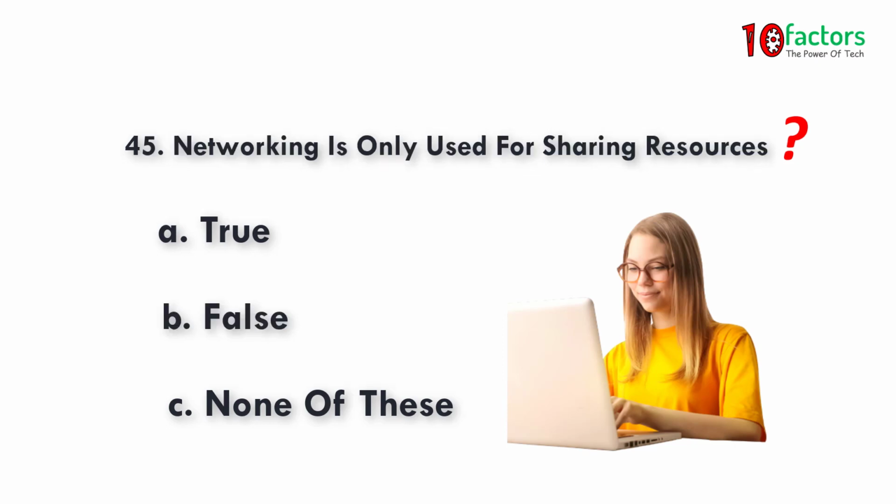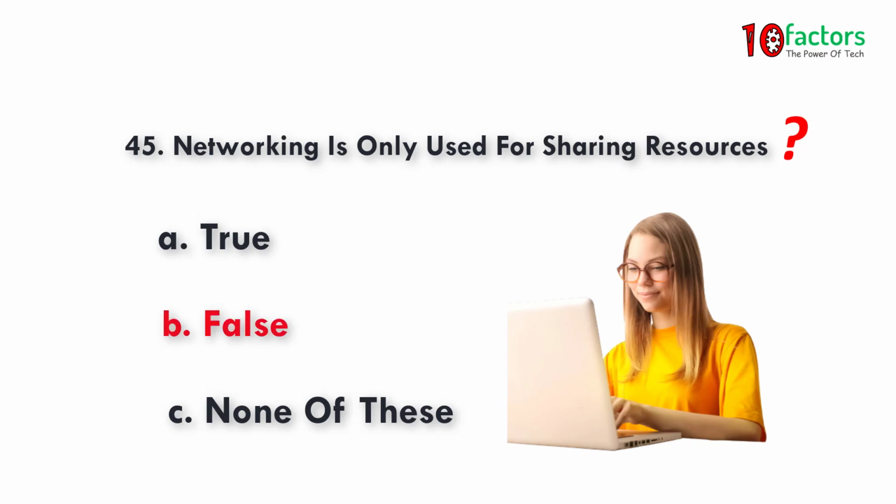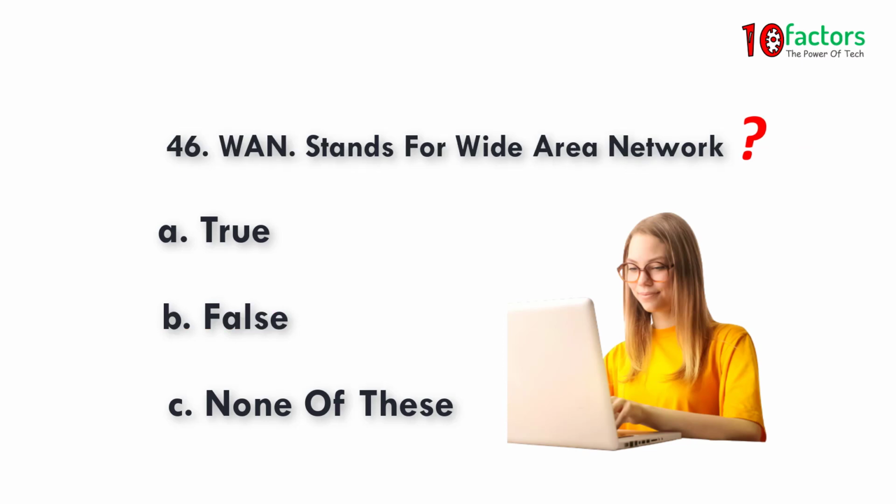Question 45. Networking is only used for sharing resources. A. True. B. False. C. None of these. Right answer, B. False. Question 46. Stands for Wide Area Network. A. True. B. False. C. None of these. Right answer, A.